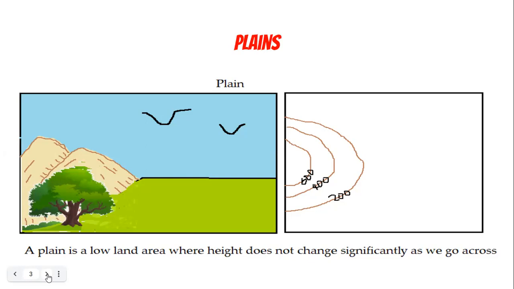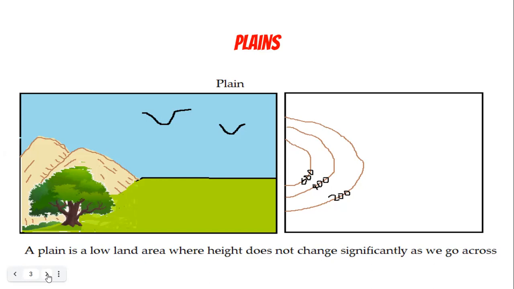If you look to the right, you notice that there is a map depicting the same thing. So we see a highland being shown to the left. And notice, because this area is an area of highland, we are seeing contour lines showing that the land is rising from 200 to 400 and then to 600.